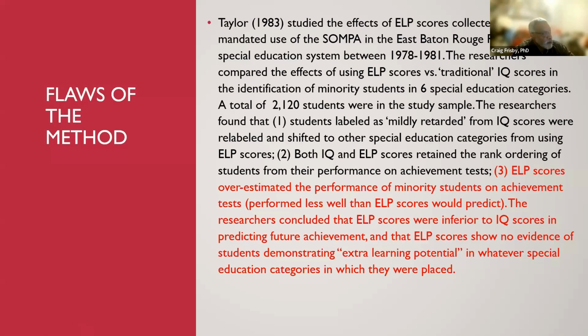In other words, they performed less well than their ELP scores would predict. The researchers concluded that ELP scores were inferior to IQ scores in predicting future achievement, and that ELP scores showed no evidence of students demonstrating extra learning potential in whatever special education categories in which they were placed. So psychometrically, ELP scores weren't of much use. As a result of this, the SAMPA method basically disappeared after the 1980s.